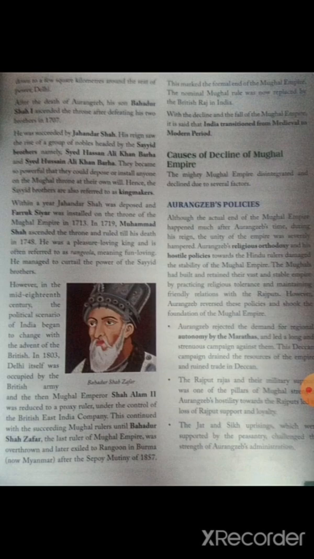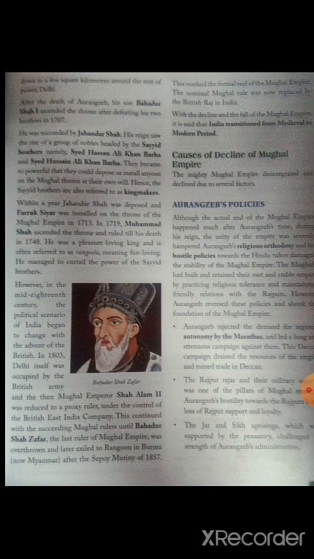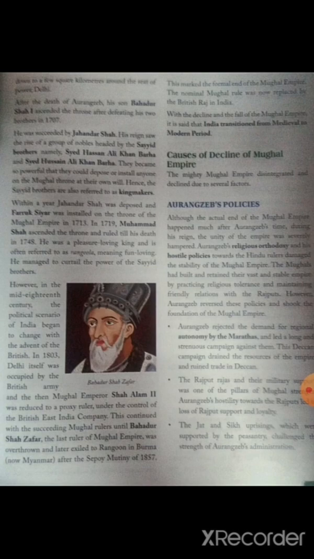His policies were so strict towards the Hindu rulers that it damaged the stability of the Mughal Empire. The Mughals had built and retained their vast and stable empire by practicing religious tolerance and maintaining friendly relations with the Rajputs. However, Aurangzeb reversed these policies and shook the foundation of the Mughal Empire.